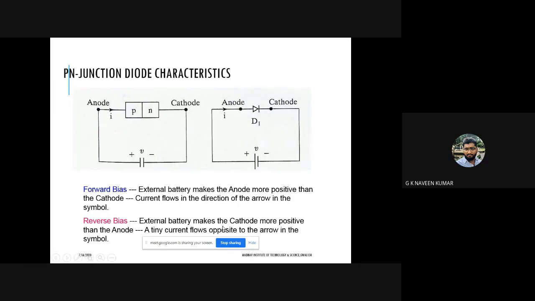And suppose I make a reverse connection, an external battery makes the cathode more positive, plus here and minus here. The majority carriers here are already electrons, and the majority carriers in the P are holes. If this is made more positive, it will be forward bias and the current will go in this direction. If it is made more positive instead of this, then it will be reverse bias, and the junction between them will go on increasing.